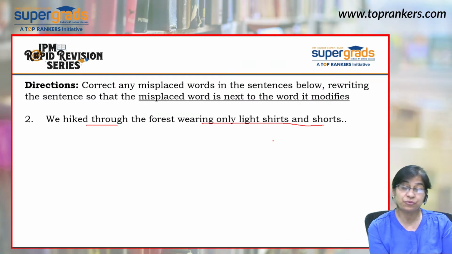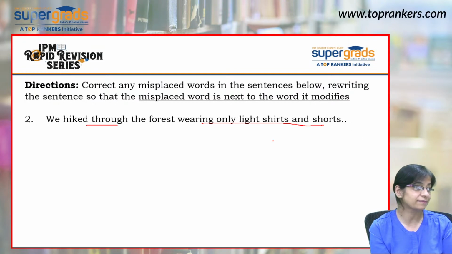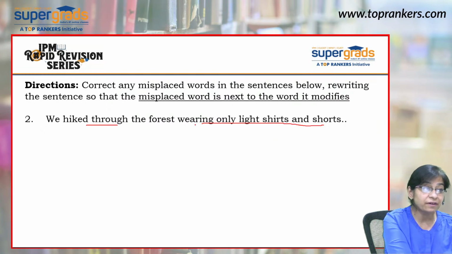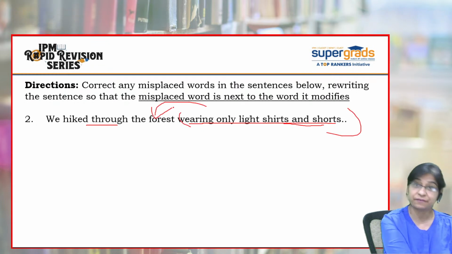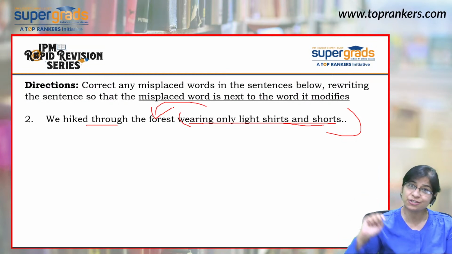So we hiked through the forest wearing only light shirts and shorts. Which part do you think is misplaced? Let's see. Wearing only light shirts and shorts is placed closest to the word forest, right? So was it the forest that was wearing the light shirts and shorts?